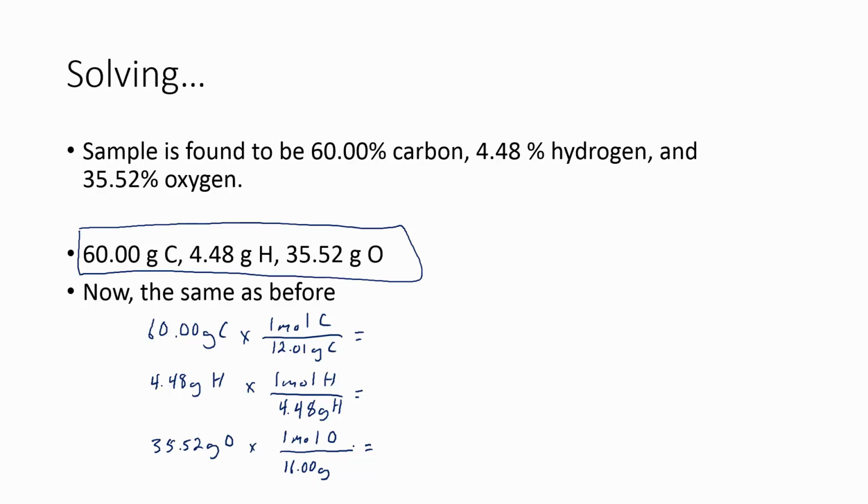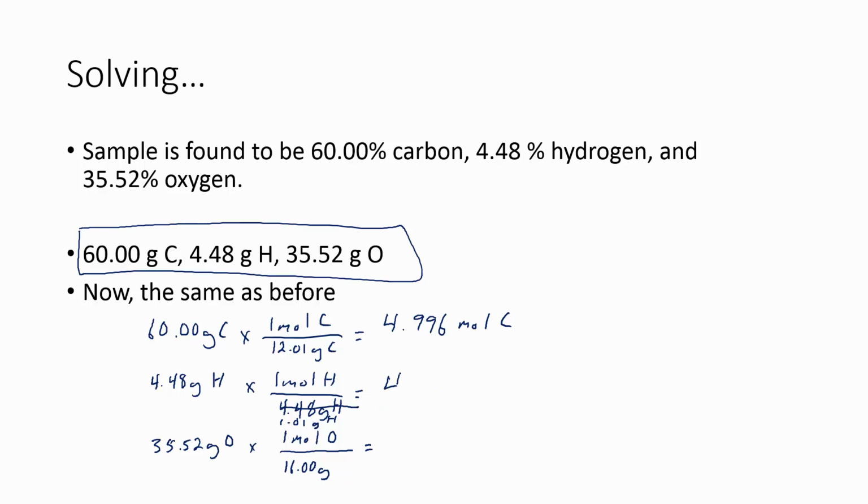60 divided by 12.01 is darn close to 5. 4.996 moles of carbon. 4.48 divided by, oh my goodness, that's not the mass from the periodic table. It should be 1.01 grams. There we go.